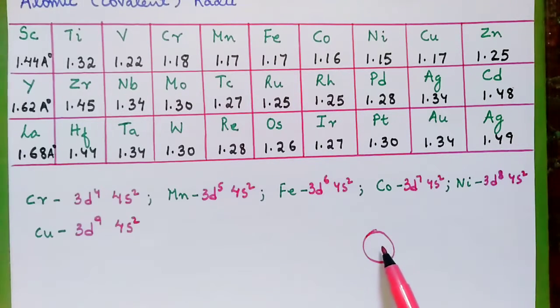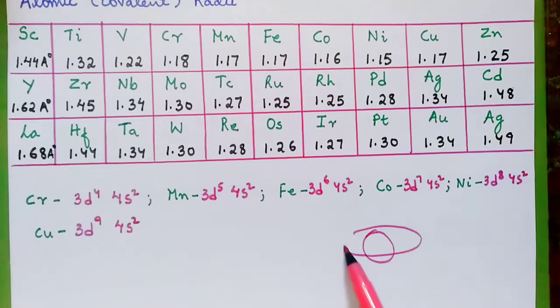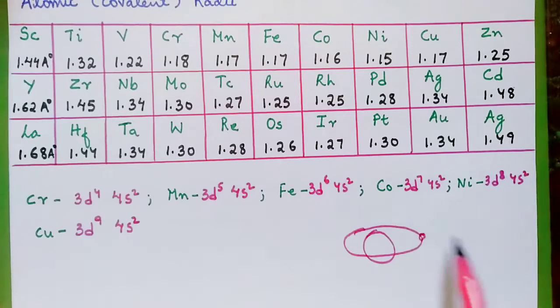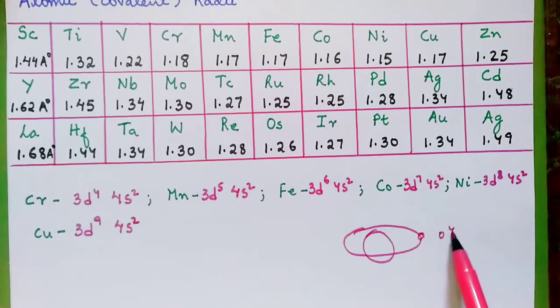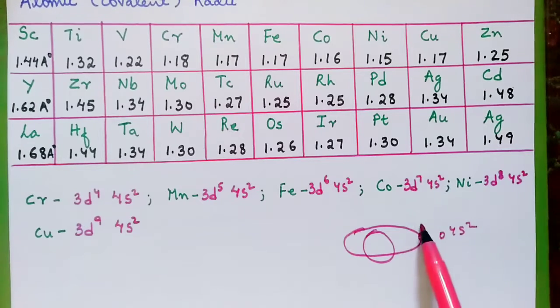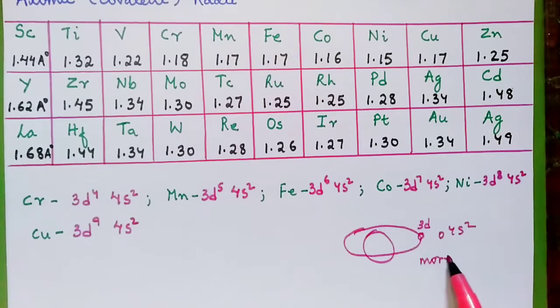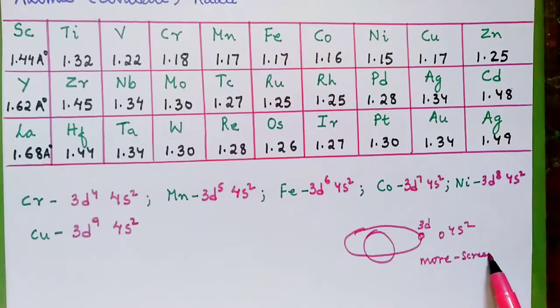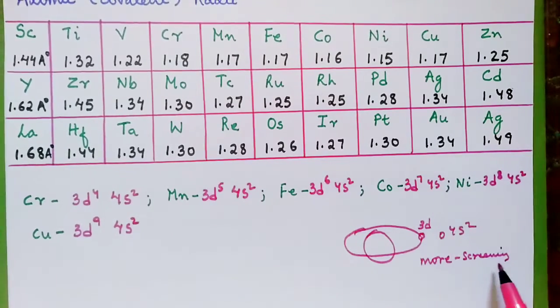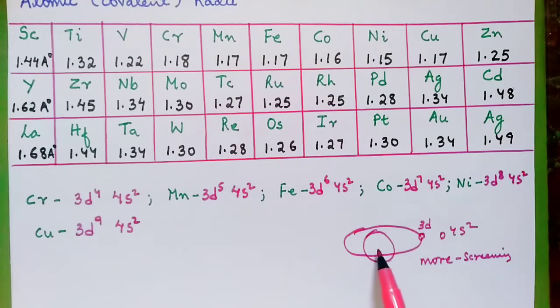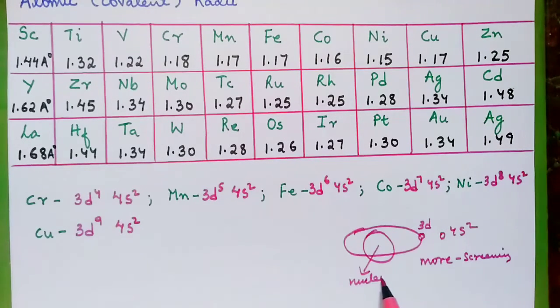The attraction due to the nucleus. Suppose here we have the 4s2 electron, and here we have the 3d. The more the number of electrons in the 3d orbital, the more will be the screening effect. And so this screening effect will oppose the attraction due to the nucleus.